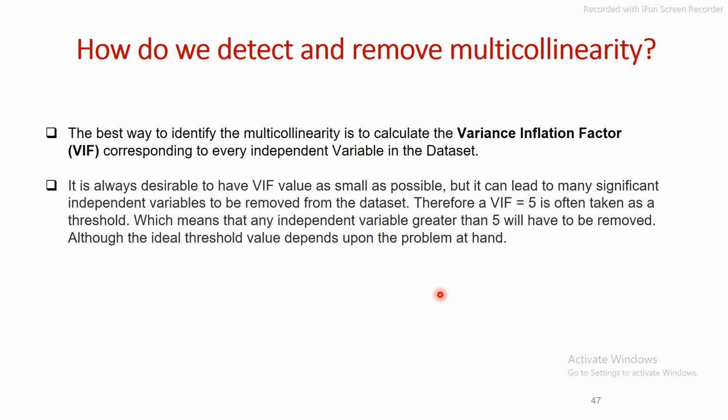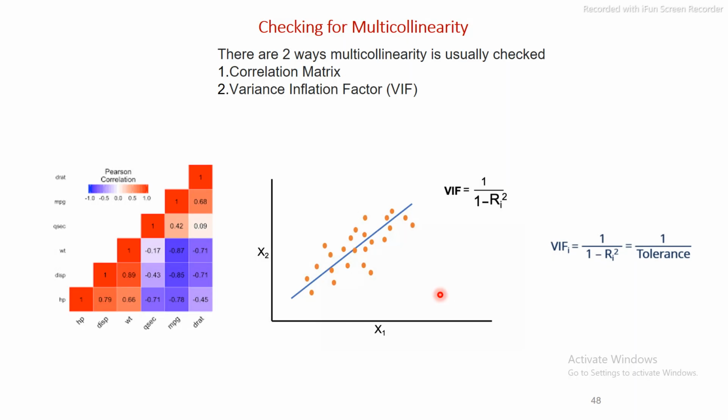Therefore, VIF equal to 5 is often taken as a threshold, which means any independent variable with a VIF greater than 5 will have to be removed, although the ideal threshold depends on the problem at hand. So it depends on the business side. If it's the medical industry and the variable is too sensitive, you will keep it; otherwise you will remove it. The variance inflation factor threshold will vary from industry to industry.